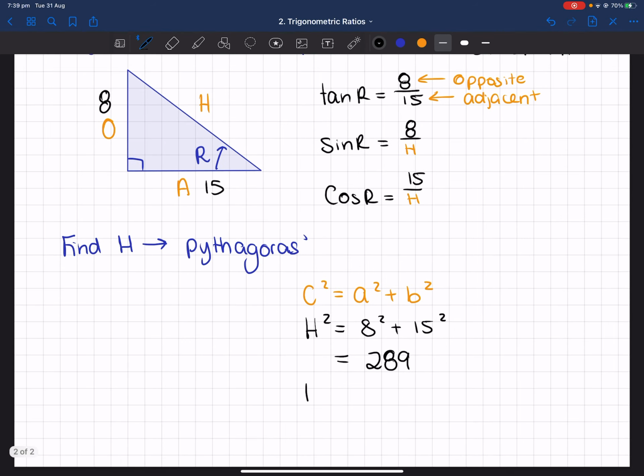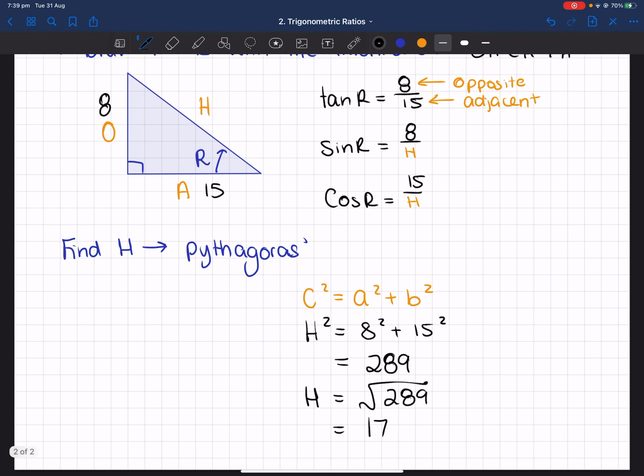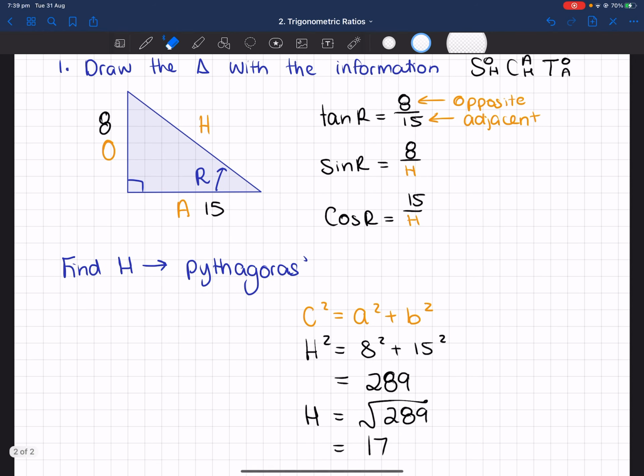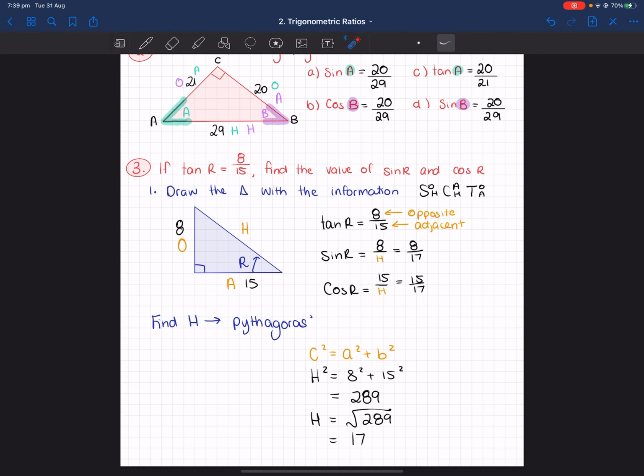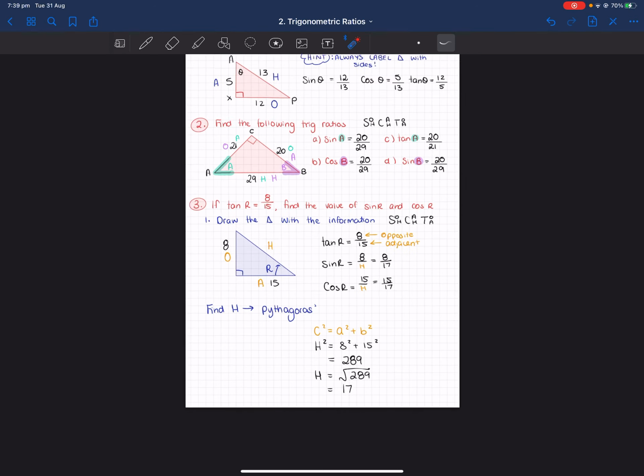But we don't want H squared, we just want H, so we take the square root of that and we get 17. Then we can go back through and replace all of these H's with 17. So it's 8 over 17 and 15 over 17. So there you go, there you've got our three ratios now. This one was a little bit harder, but I think you guys will be okay with it. All right, good luck.